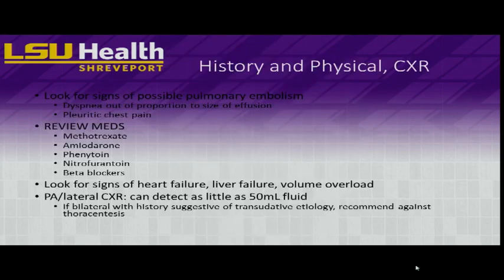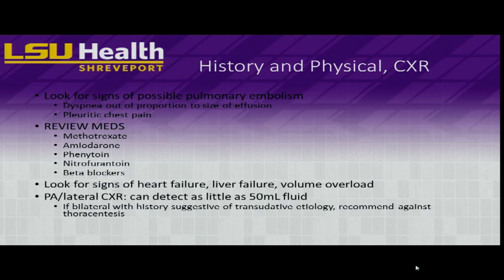So when we talk about workup of anything, we always start out with the history and physical. And there are a few really specific things that you should hone in on. Typically we get the history of pneumonia or malignancy, and these are going to weigh into how we do our workup. But a few of the more specific things, you really should look for signs of possible pulmonary embolism.